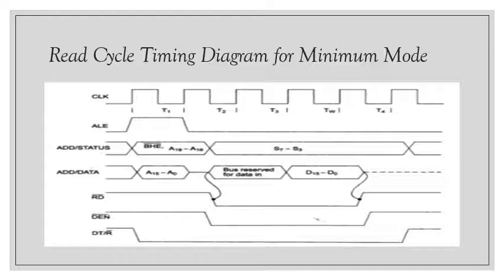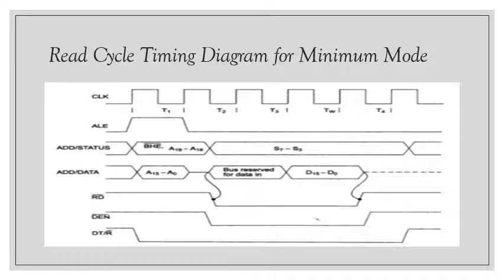Now let us discuss the read cycle timing diagram for minimum mode. The read cycle begins in T1 with the assertion of the address latch enable signal and also the M/IO signal. During the negative going edge of this signal, the valid address is latched on the local bus.